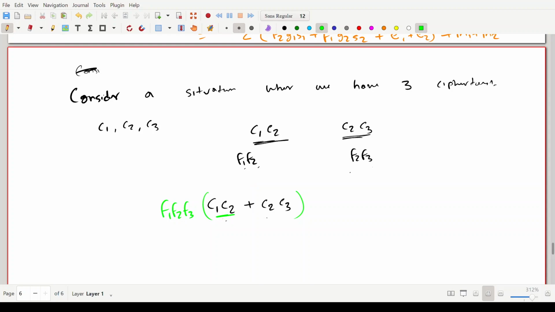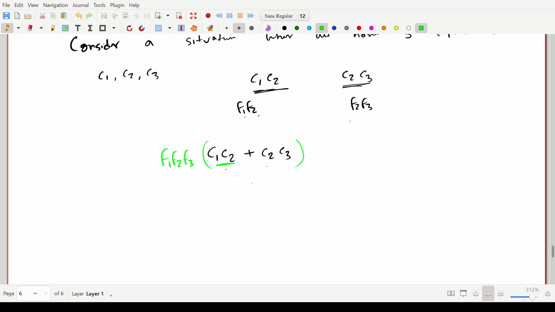But what happens if you are having multiplication? See, now the question is C1, C2 into C2, C3. Then what is the joint secret key in that case? In that case, the joint secret key will be F1, F2 square, F3.